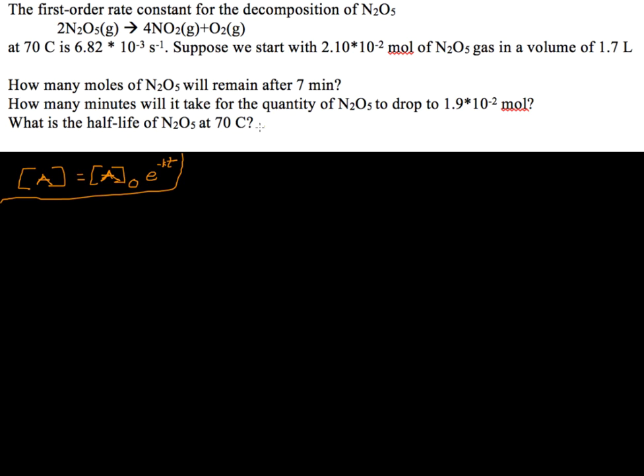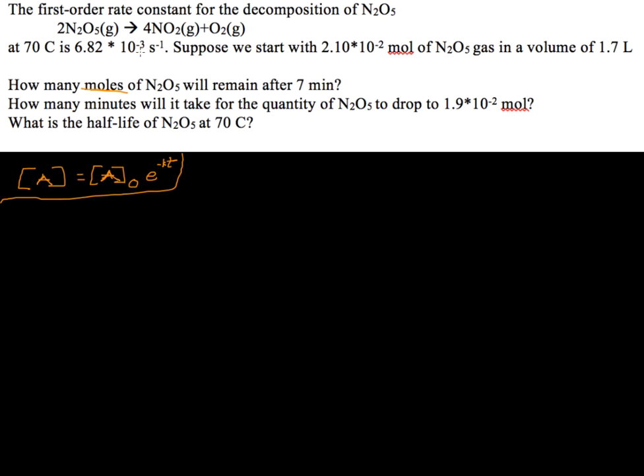especially the half-life equation. So we can look at now what information we're given, and it asks how many moles will remain. So we want to make sure the numbers here are all in moles, and remain means we're going to be solving for the final concentration.